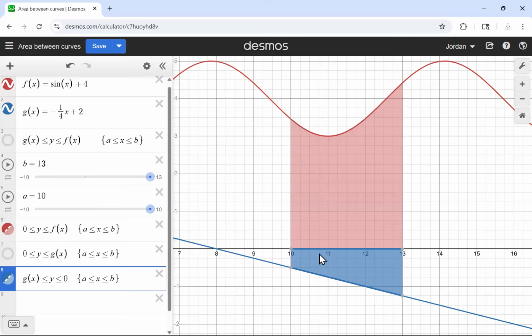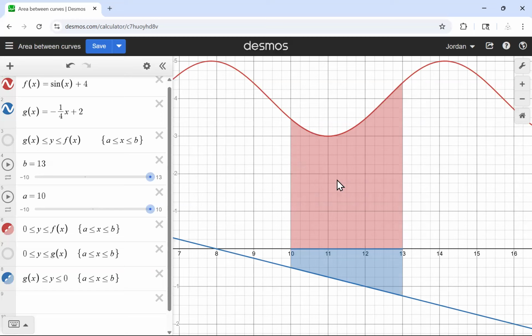So basically I take the red minus the negative area of blue. If I'm subtracting a negative, I'm adding this area. So I'm actually getting the red area plus a positive blue area when I subtract. That's what we end up doing.